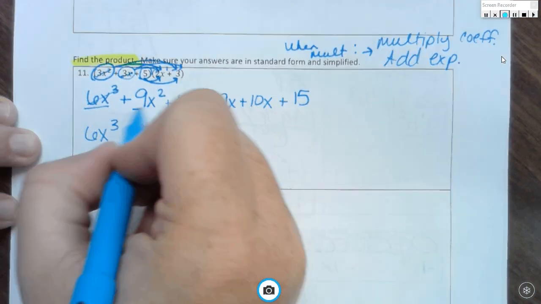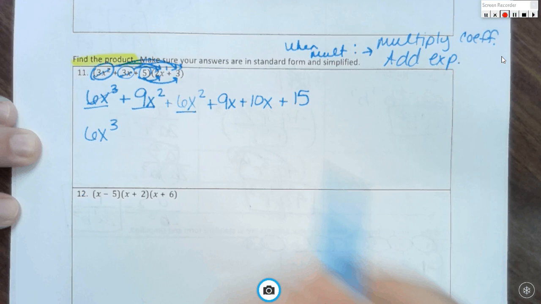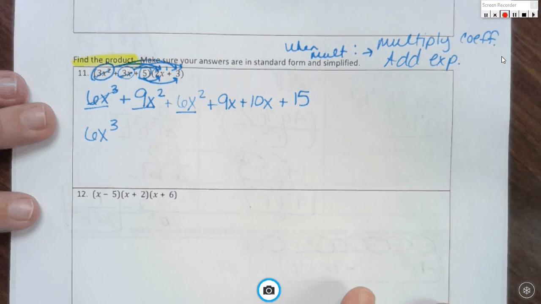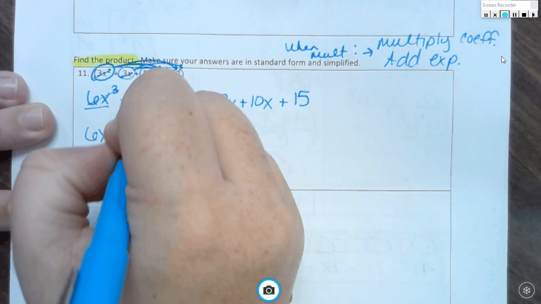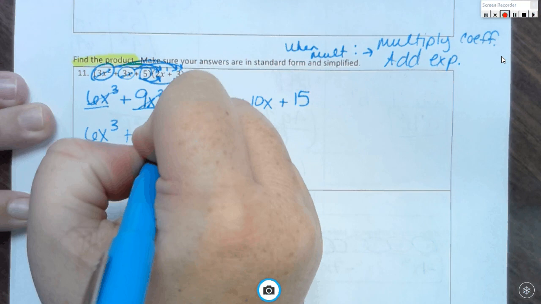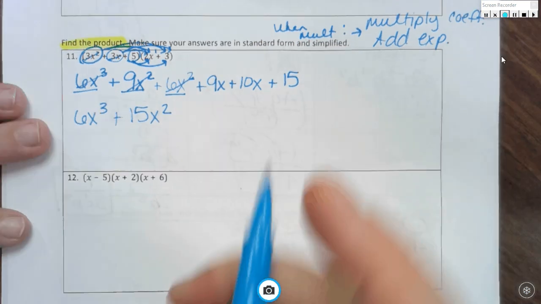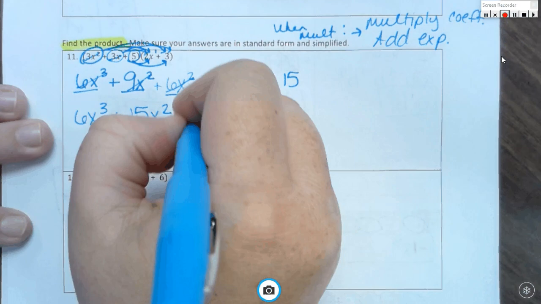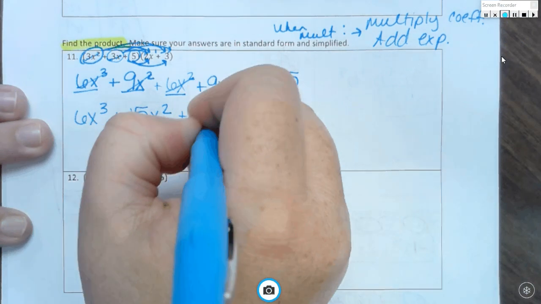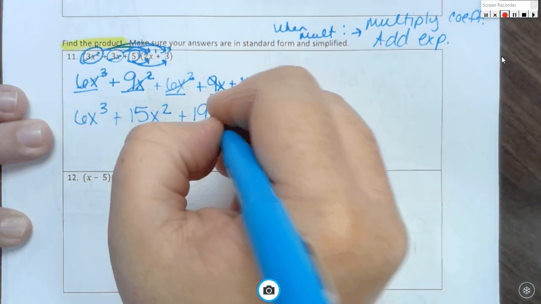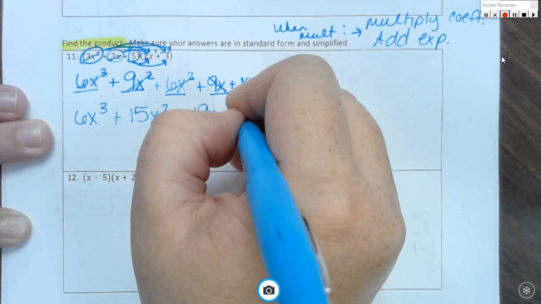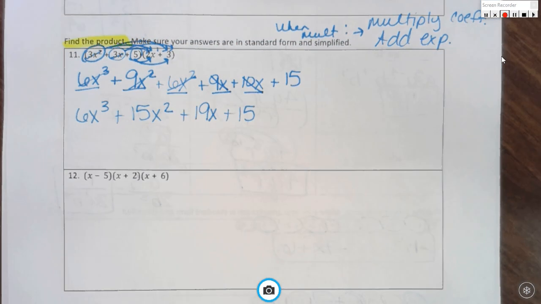So now I look, I have 9x squared and 6x squared would give me 15x squared. And my x terms, I have 9x and 10x, so that would give me 19x. And then my 15 on the end, and I am done.